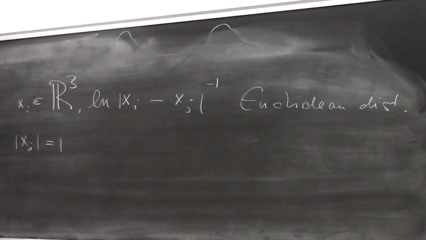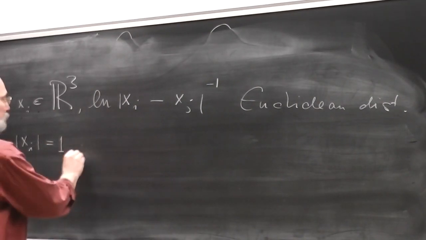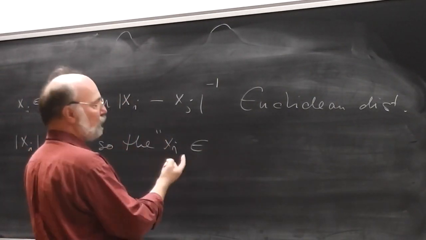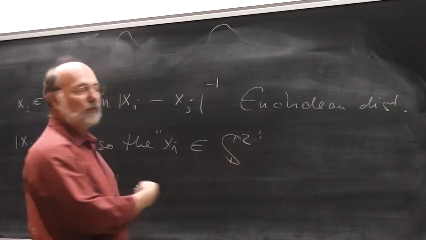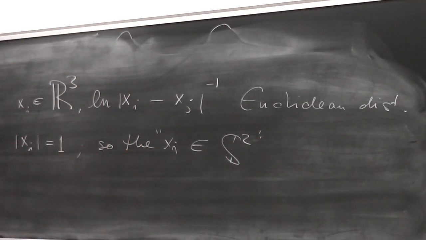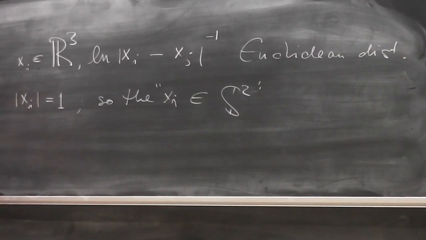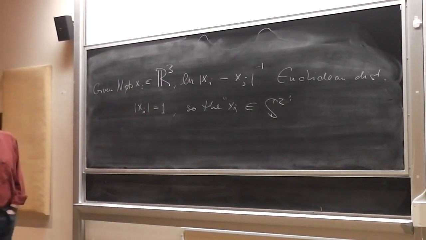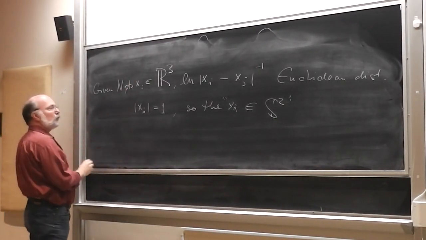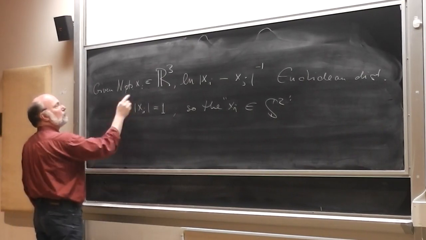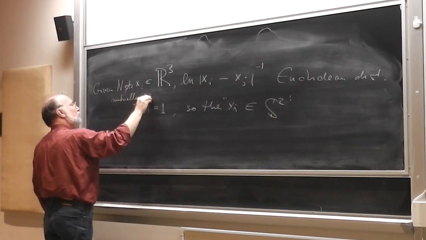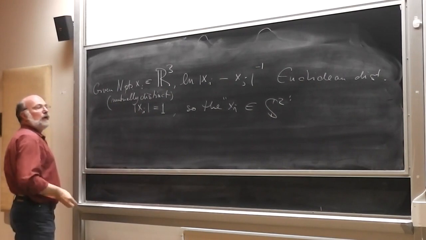And so the question is this: given n points of that type, and no two points should coincide, so given n points in R3, distinct.